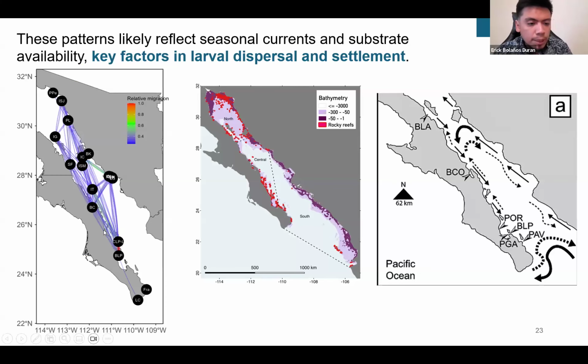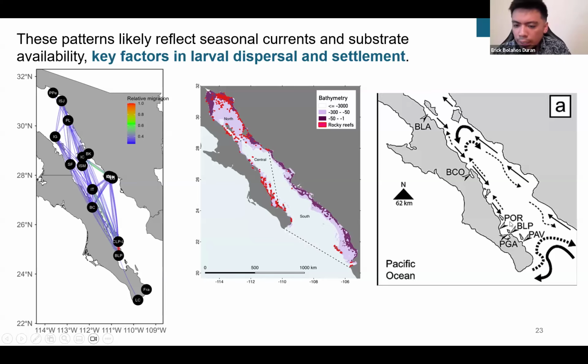But also, when we observe the analysis to identify the magnitude and direction of gene flow, we observe that we have a lot of gene flow among colonies on the peninsula side. Just the colonies in the south are isolated. This pattern could be because here on the peninsula side, we have a lot of rocky reef, there's a lack of sediment, and it acts as stepping stones for larval dispersal.